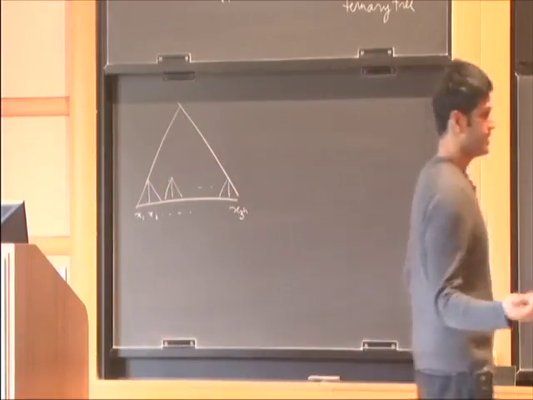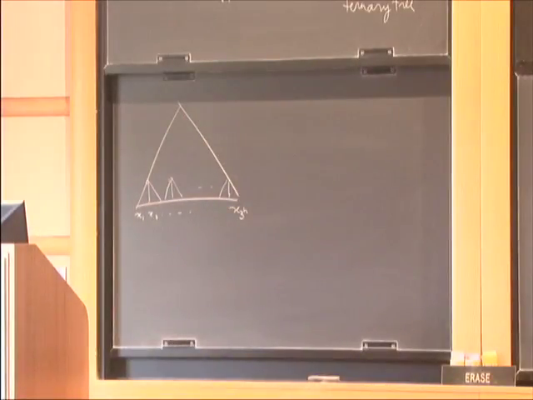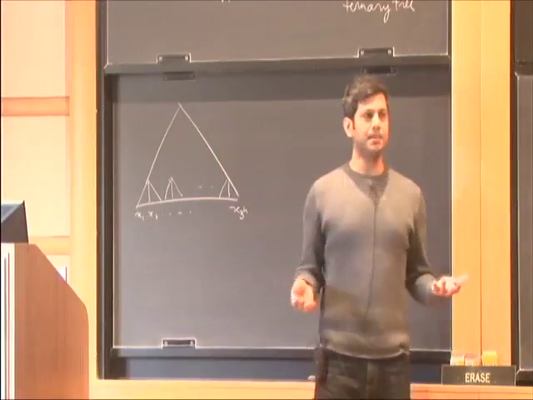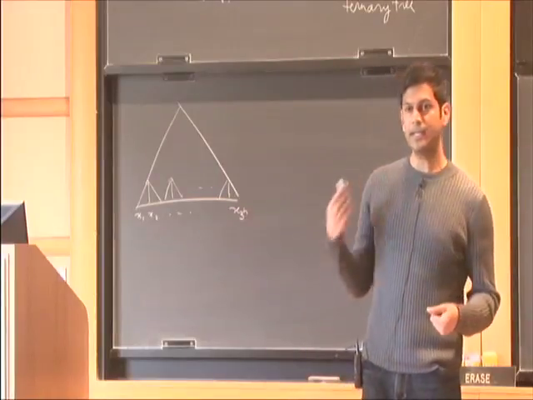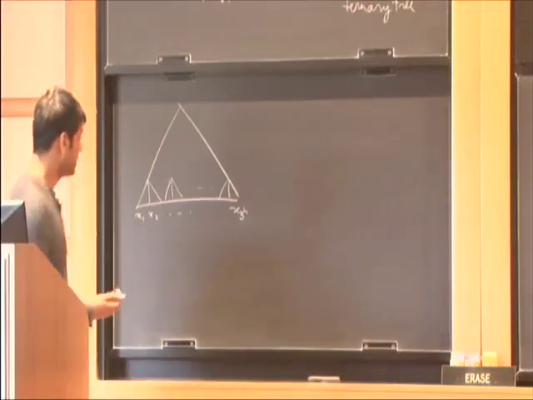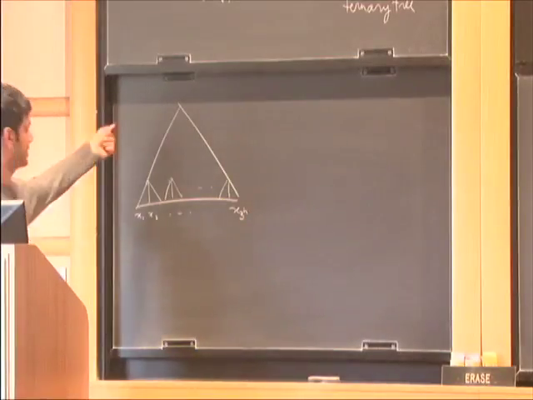The question we are interested in asking is, given an assignment to these 3 to the h variables in the form of a black box, how many of these variables do you need to evaluate or to query in order to determine the value at the root?